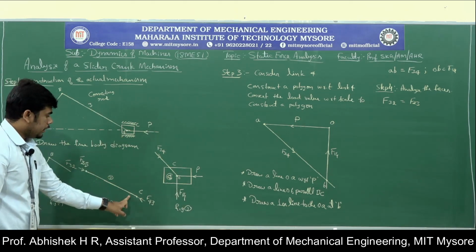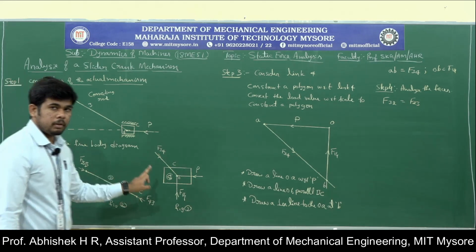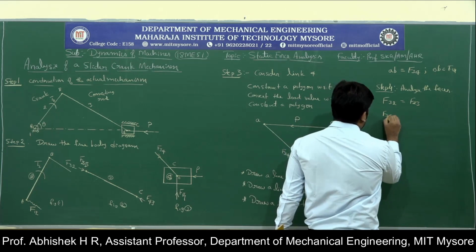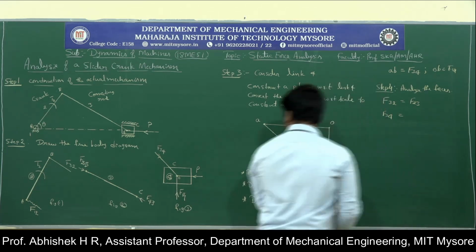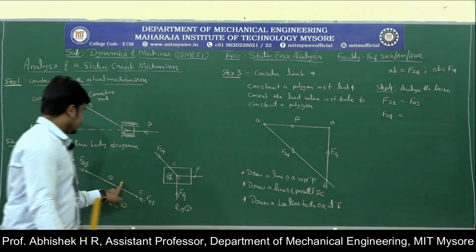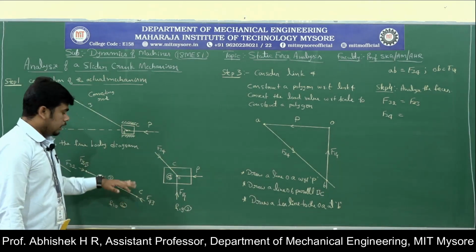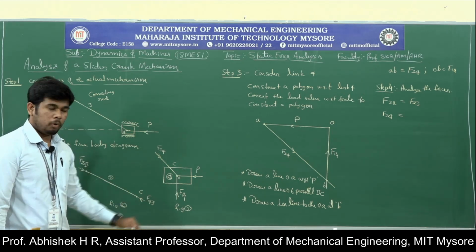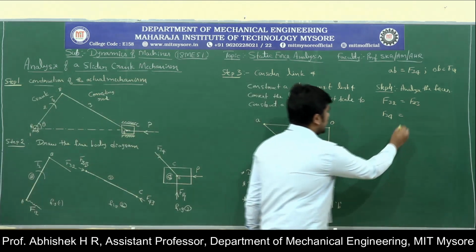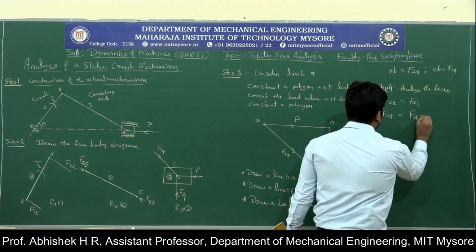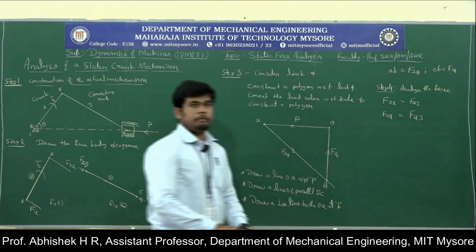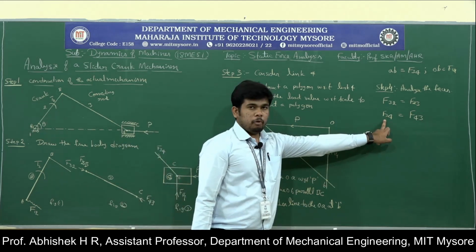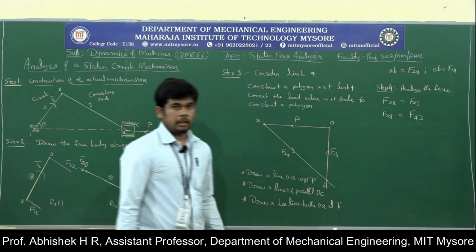And here F34 means the force of the link 3 is exerting on link 4. So F34 is equal to F43.